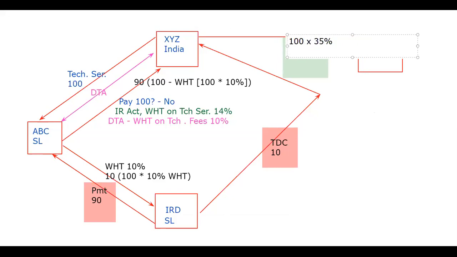If it is 35, then they calculate 35 as it is, and they can deduct as a credit the tax paid in Sri Lanka, whatever the 10. Then they need to pay the balance tax. Only how much? 25.